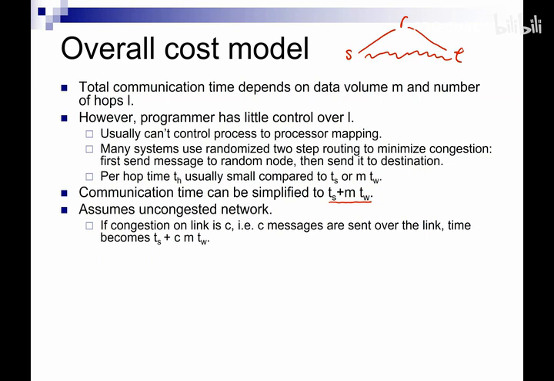That means that for each link, we're only sending one message of size M through the link. However, you could have network congestion, meaning that for a certain link, you might be sending multiple messages over the link. If you're sending C messages over the link, and each of those has size M, then the time to send all of the messages is going to be TS plus the congestion C times the message size.